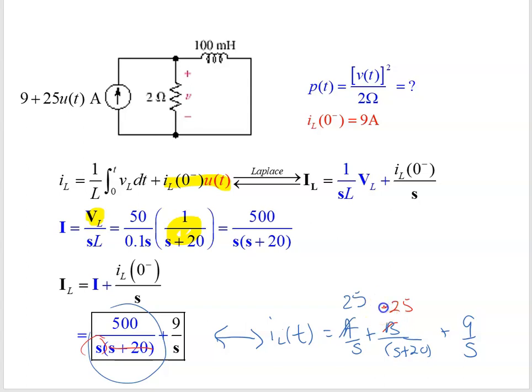So that gives us a negative 25, and finally our IL of t is going to be equal to, when we sum these up, the 25 plus the 9, that's 34 over S. So that just becomes our 34 u of t minus our 25 e to the negative 20t u of t.